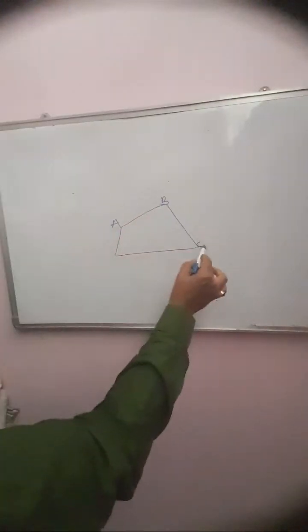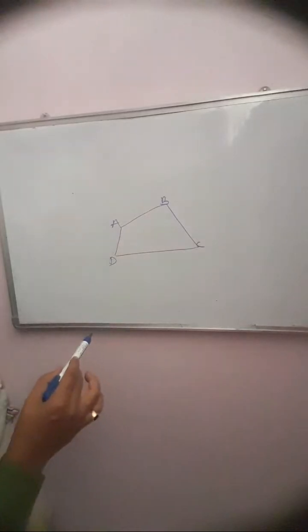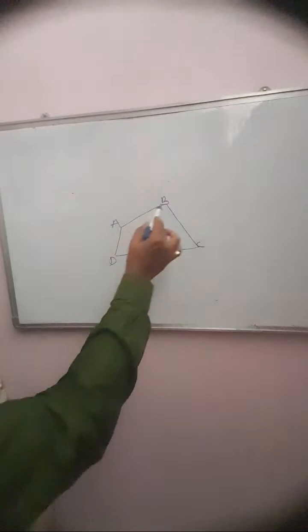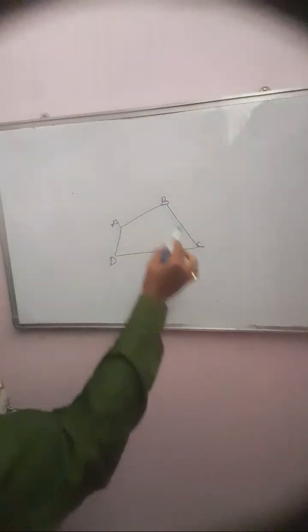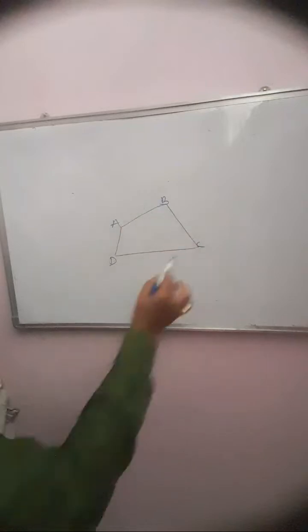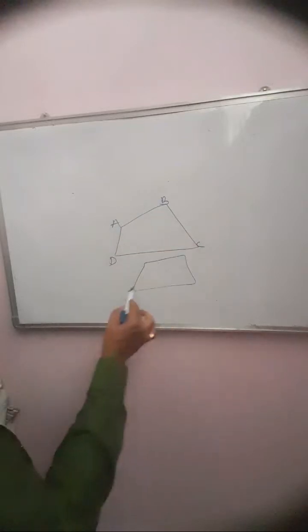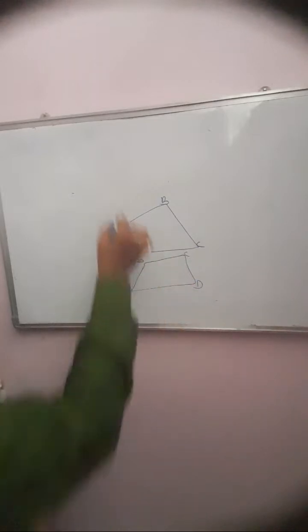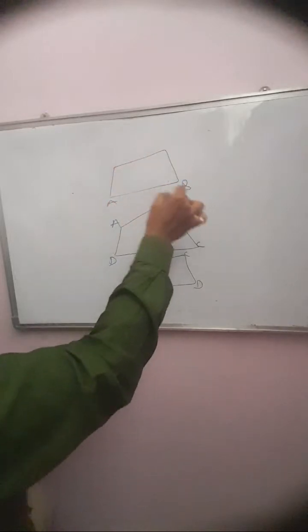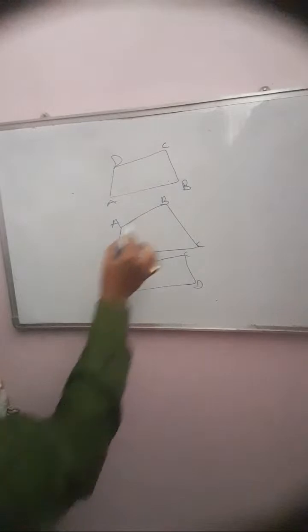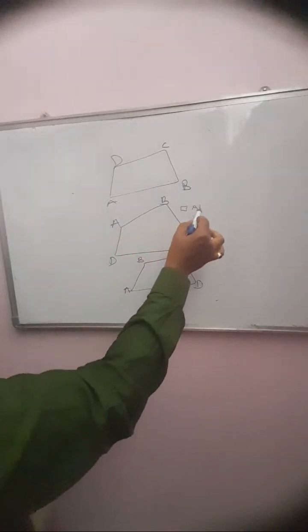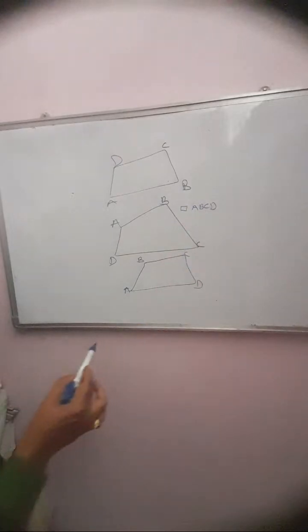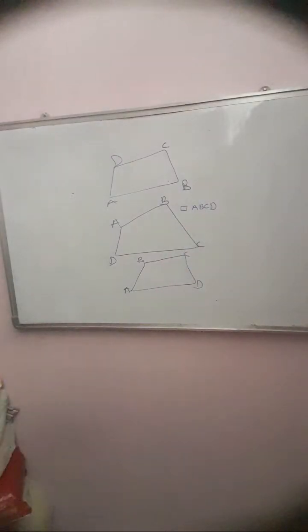At the 4 corners of the quadrilateral, you write 4 capital English letters A, B, C, D, clockwise. We write a small box and read it as quadrilateral ABCD. Naming the quadrilateral is important.